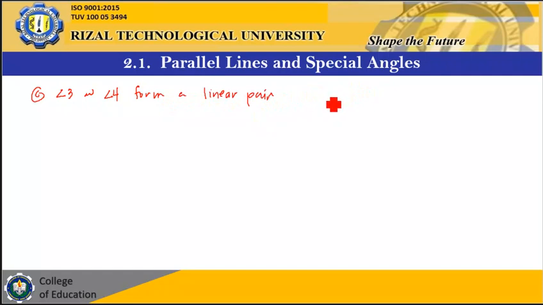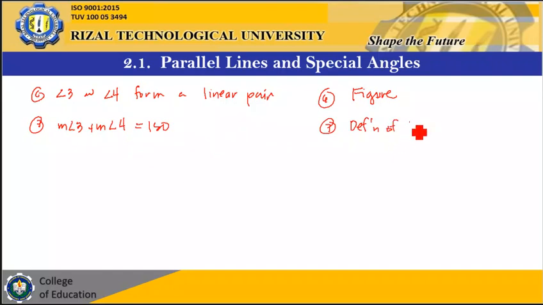And the reason for that is figure. We saw that in the figure. And we basically know the definition of linear pair. So therefore, we can conclude that the measure of angle 3 plus the measure of angle 4 is equal to 180. And this is actually the definition of linear pair.